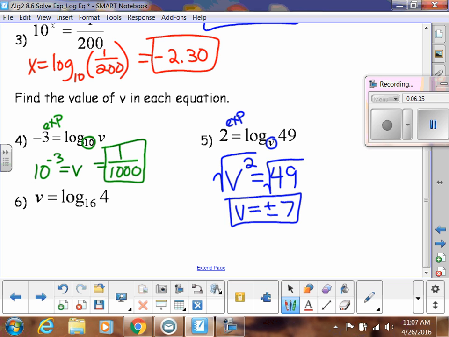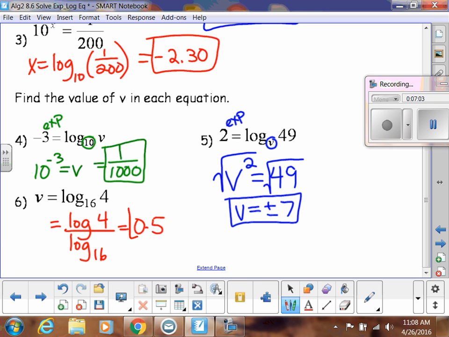All right, and then over here, can I do log base 16 of 4? Well, yes, with the change of base formula, we can. Remember, change of base allows us to do log of that big number divided by log of the base. So if I type that into my calculator, I get 0.5.